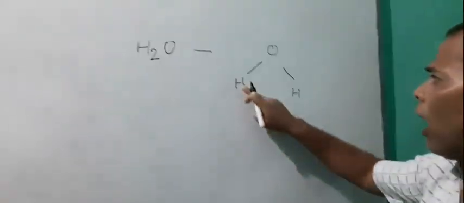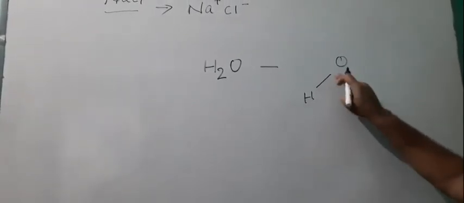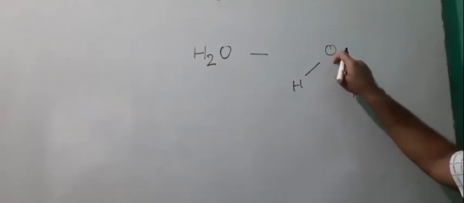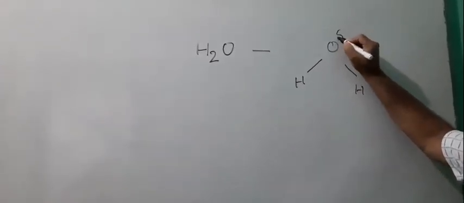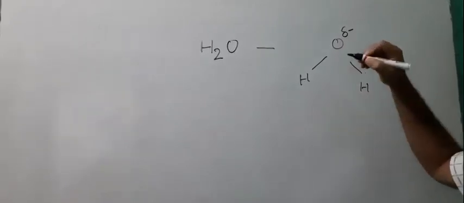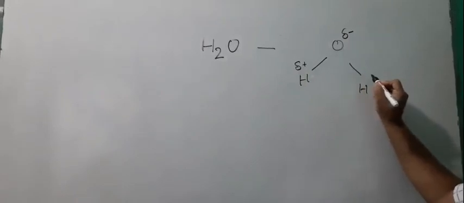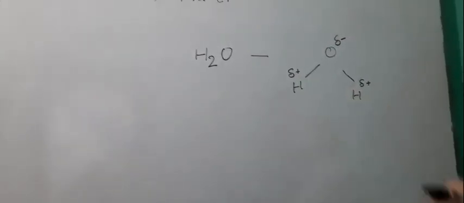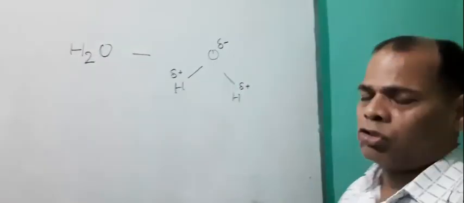So here, between oxygen and hydrogen there is sharing of electrons, but the shared pair is attracted towards the oxygen. As a result, oxygen acquires a partial negative charge and hydrogen acquires a partial positive charge. Such a molecule is called a polar covalent molecule, or simply a polar molecule.